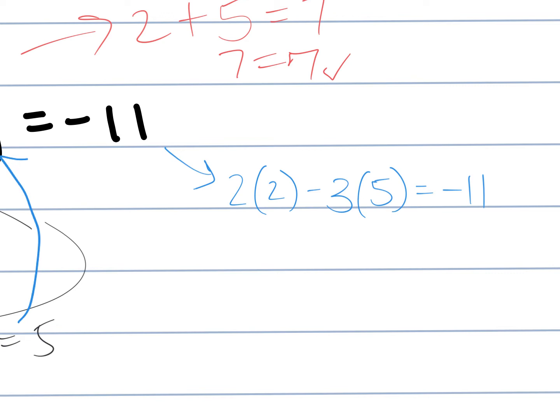Juliana? Good, multiply. So, what's 2 times 2, Gabriel? 4. And 3 times 5? 15. But this is going to be adding or subtracting, and why? Subtracting, because it's negative 3 times positive 5. Do you guys agree? What's a negative times a positive? Negative. So 4 minus 15 equals negative 11.